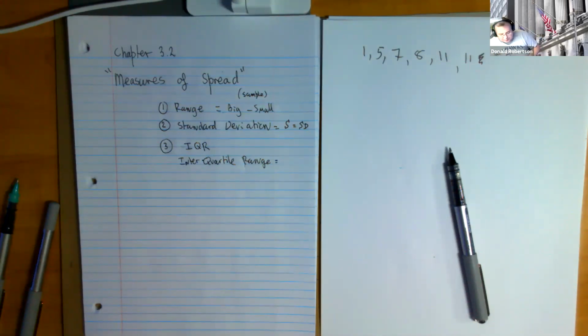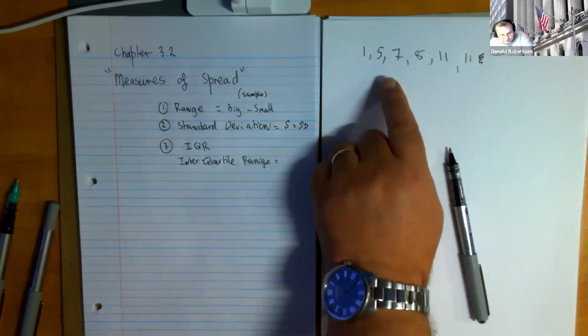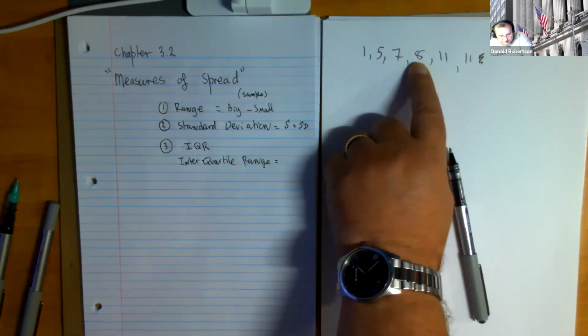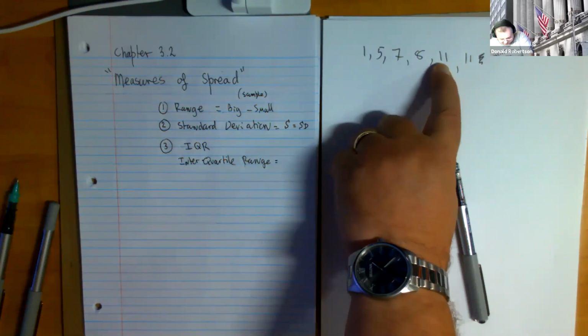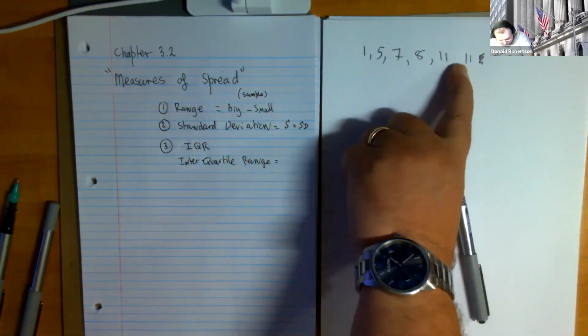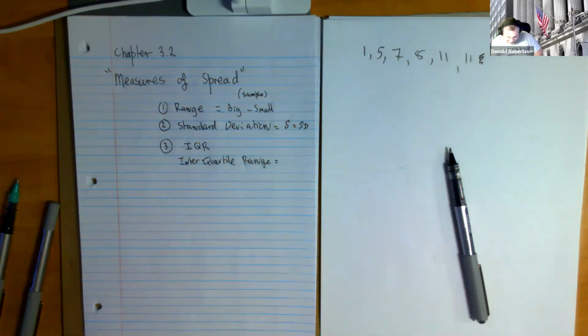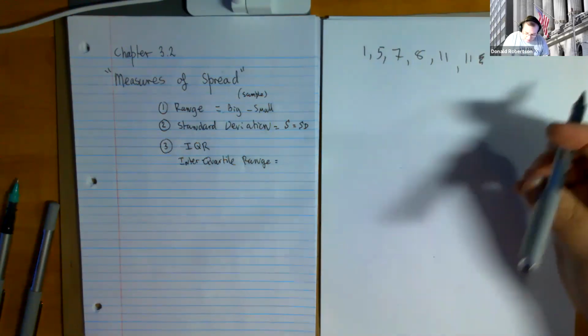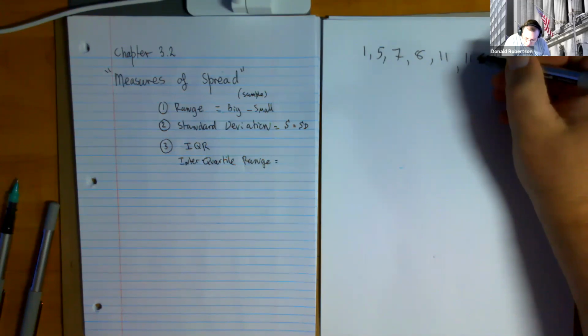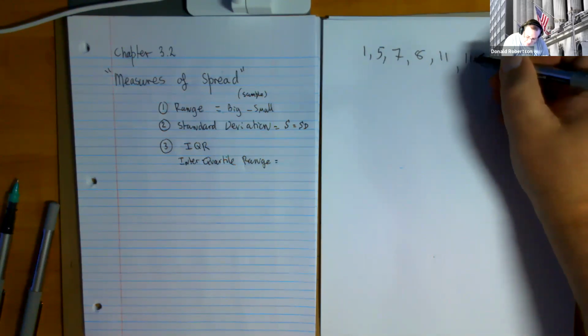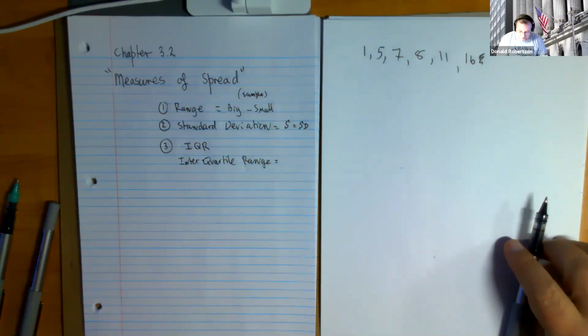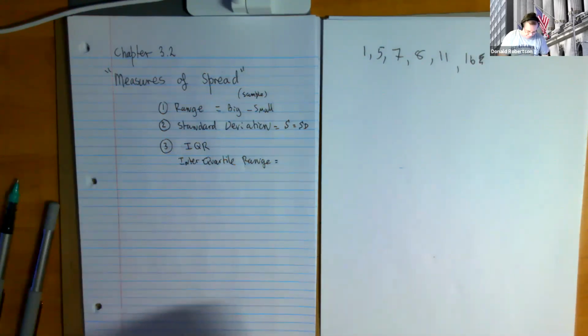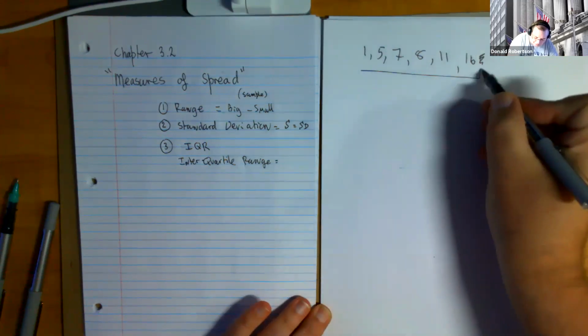If I just randomly pick a number, I'll make it even worse than it is. I think that'll do. So here is our data set.